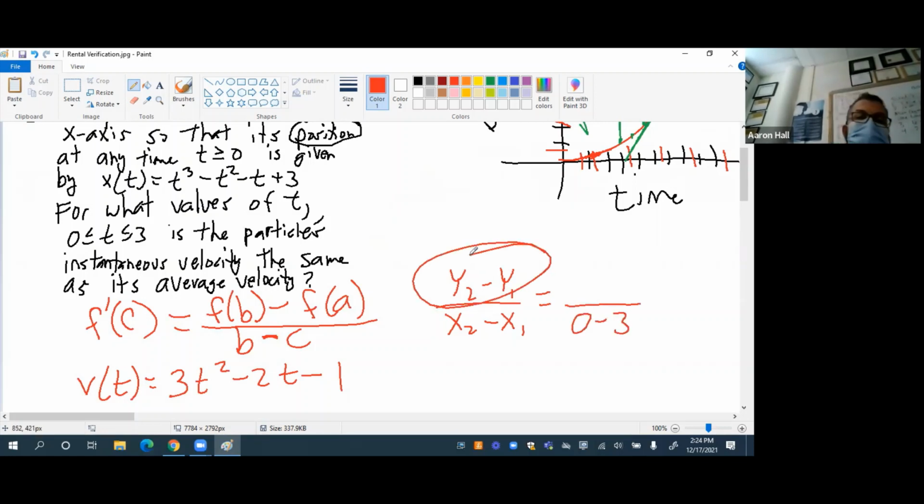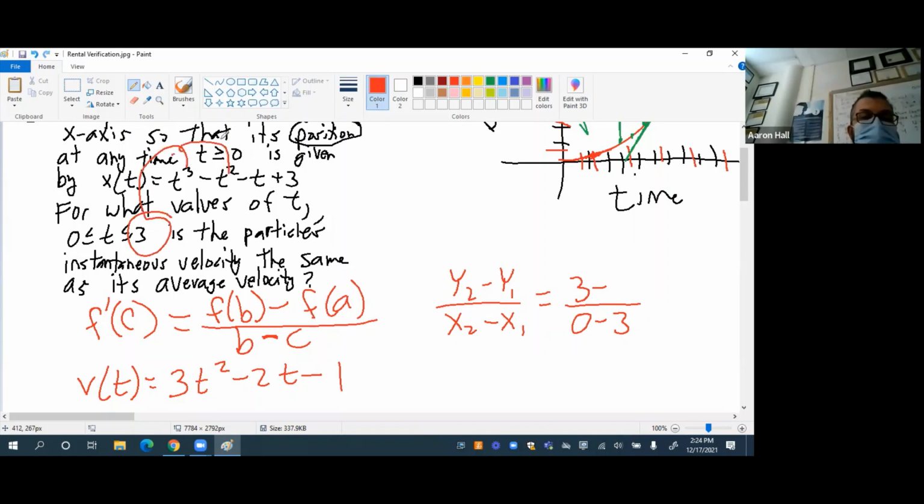How do I find the corresponding y values? Let's plug in the zeros here, here, and here. What do we get? We just get this 3. Everything else falls away. And then how do I find the corresponding y value for this 3?